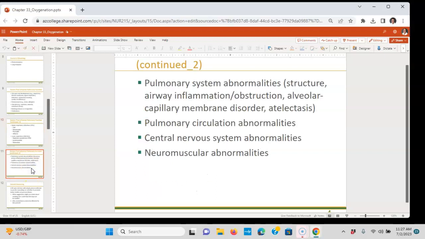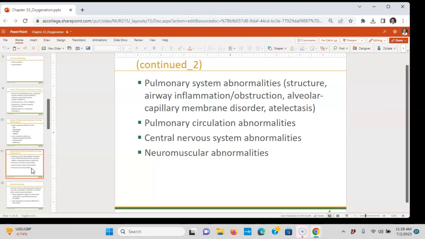Pulmonary system abnormalities: sometimes it's a structure issue, sometimes it's an airway inflammation or obstruction issue, like in asthma. Sometimes it's an alveolar capillary membrane disorder. And then, of course, with surgery is atelectasis.